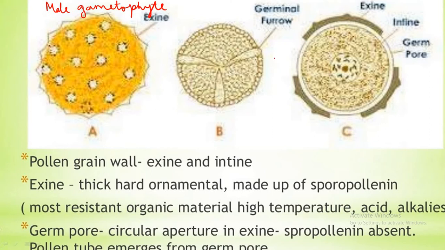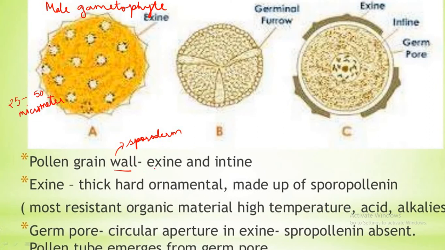They are generally spherical, measuring about 25 to 50 micrometer in diameter. It has a two-layer wall, which is also known as sporoderm.